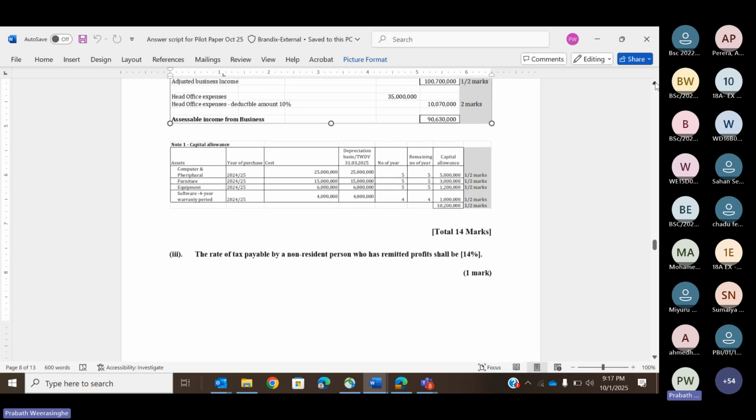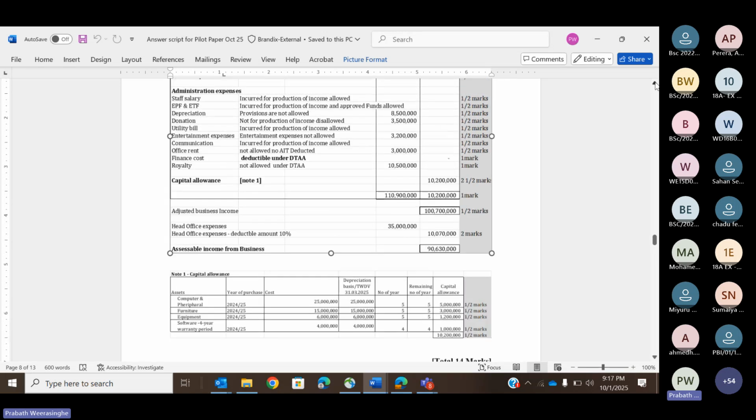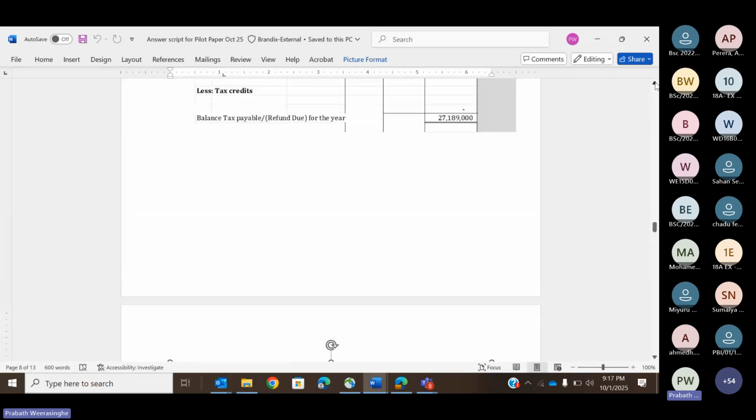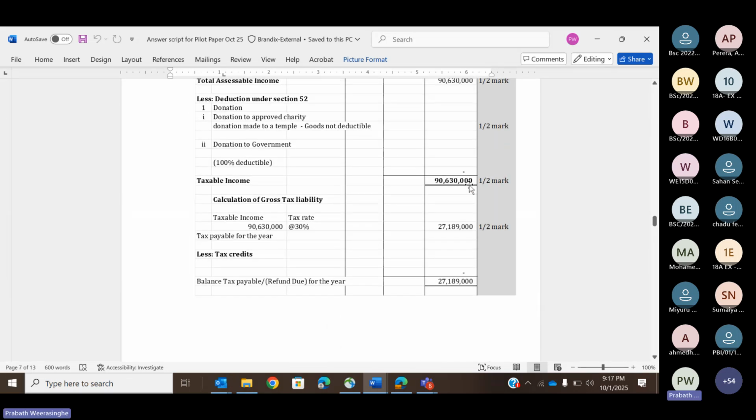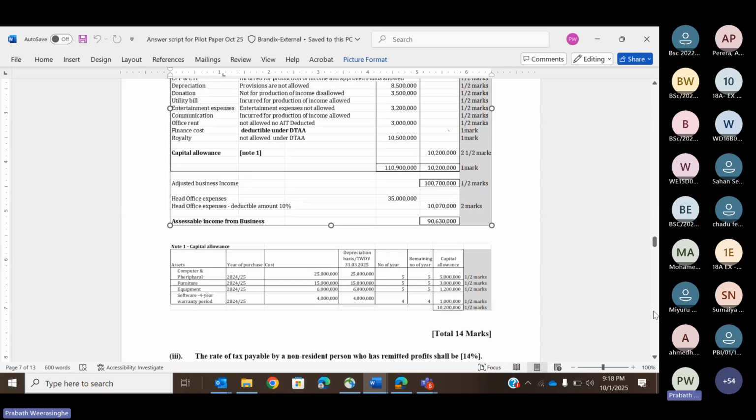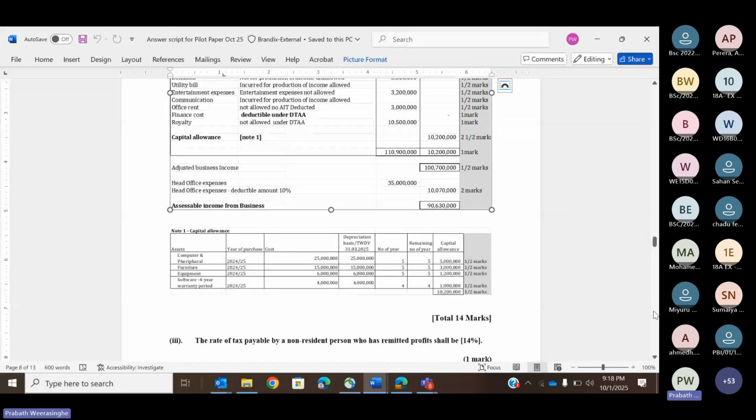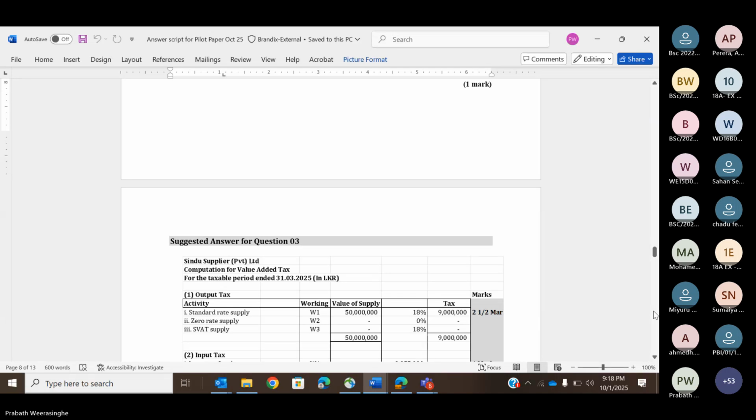How should we work it out? We have to work out the taxable income first. On that, the tax liability we can deduct. After deducting, on the taxable profit after tax, the 14% tax is deducted to be paid as remittance tax. Remember that, right? Is that clear?